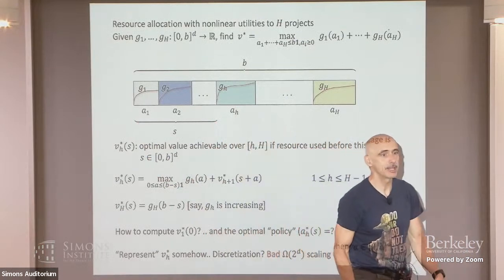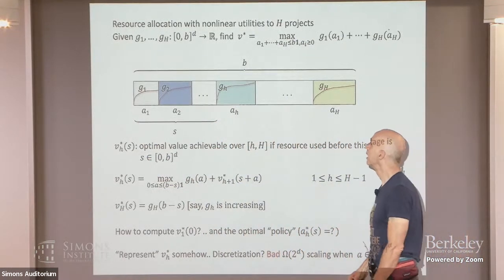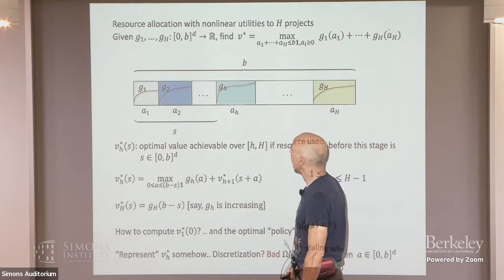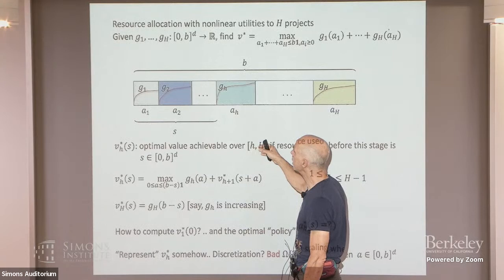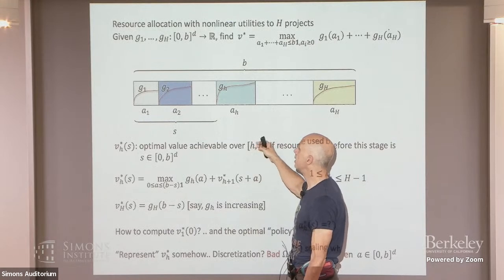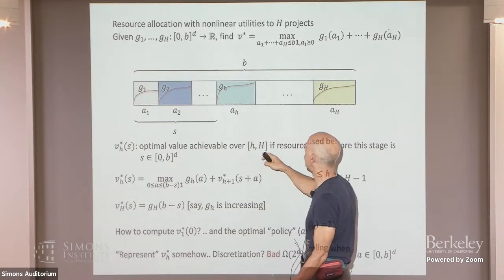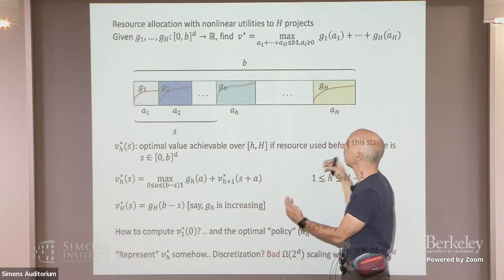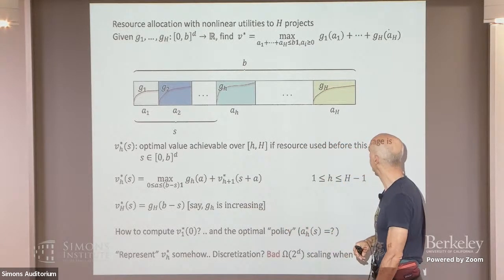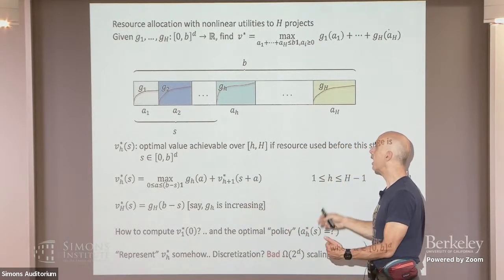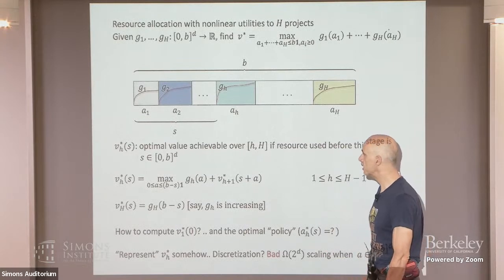This is one-dimensional so that I can draw it. And as you go, you can imagine that from this point on, things are going to go on optimally. So you can define the optimal value achievable in the remaining period, for the remaining projects, given that you have already used up this much resources.